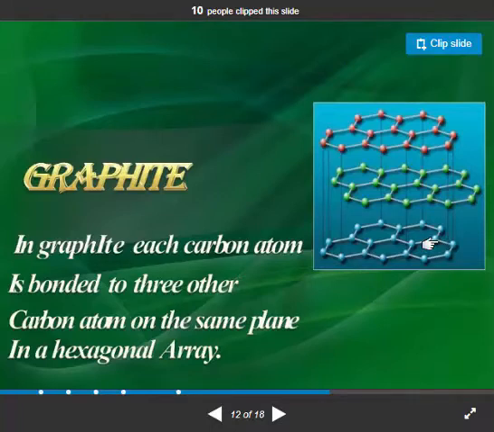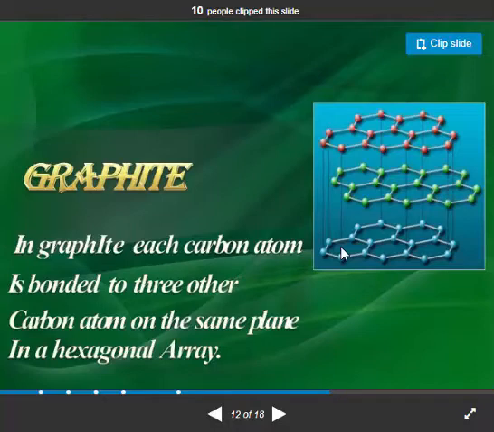It's very soft. The carbon atoms in graphite are bonded in a hexagonal pattern, and they lie in planes. So they are bonded in a hexagonal pattern, which means that they are 6 carbons together, and then they are arranged in different planes.